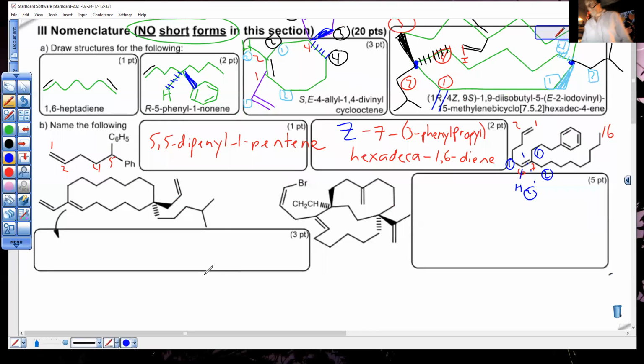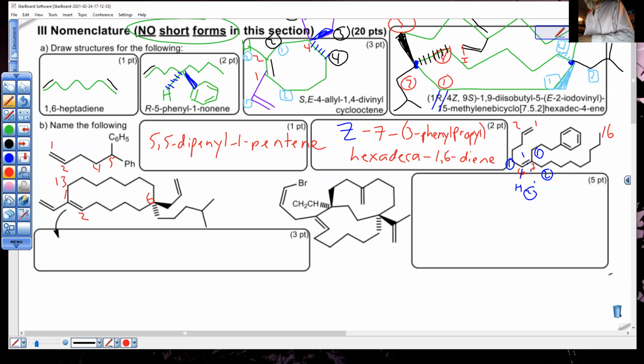Groovy. This one, you have a choice of 2 carbons for carbon 1. Given the fact there's a group on this one, makes that the better choice for carbon 1. You need the double bond that's in the ring to have the lowest possible number. It must be 1. 3, 5, 6, 7, 8, 9, 10, 11, 12, 13.